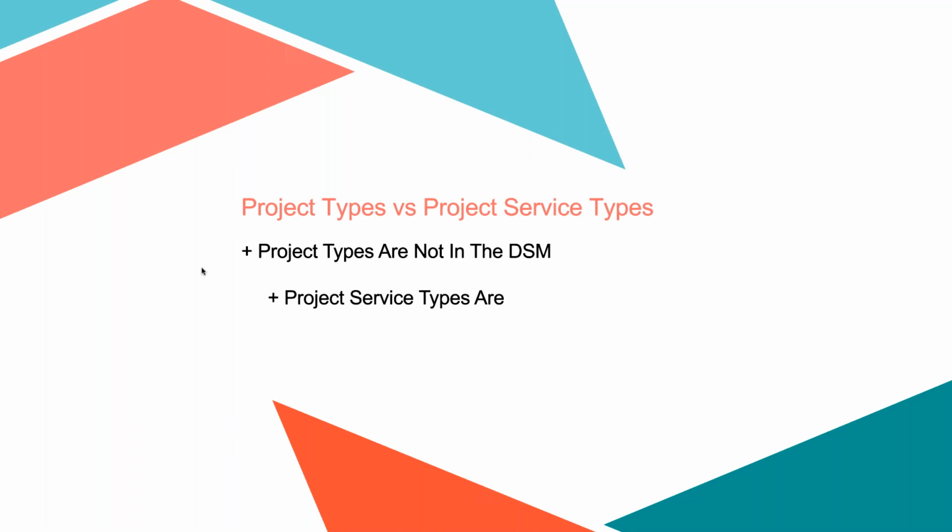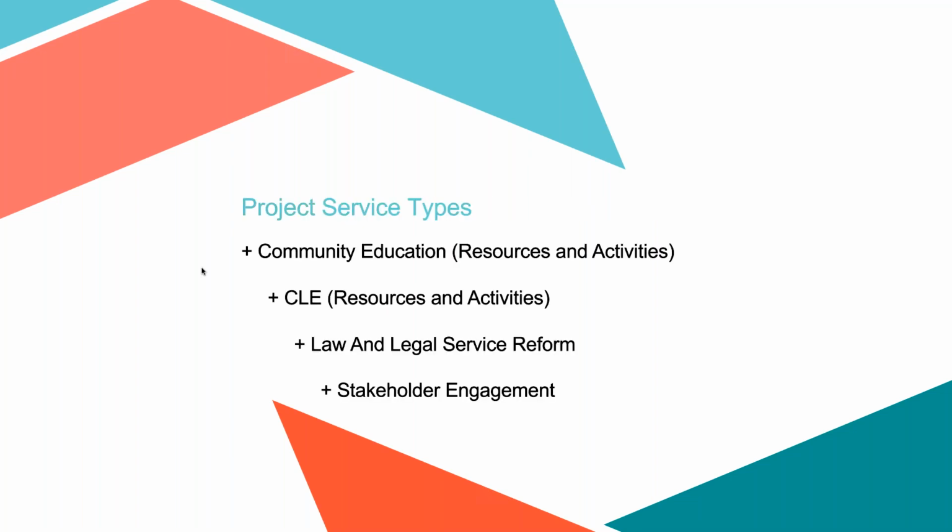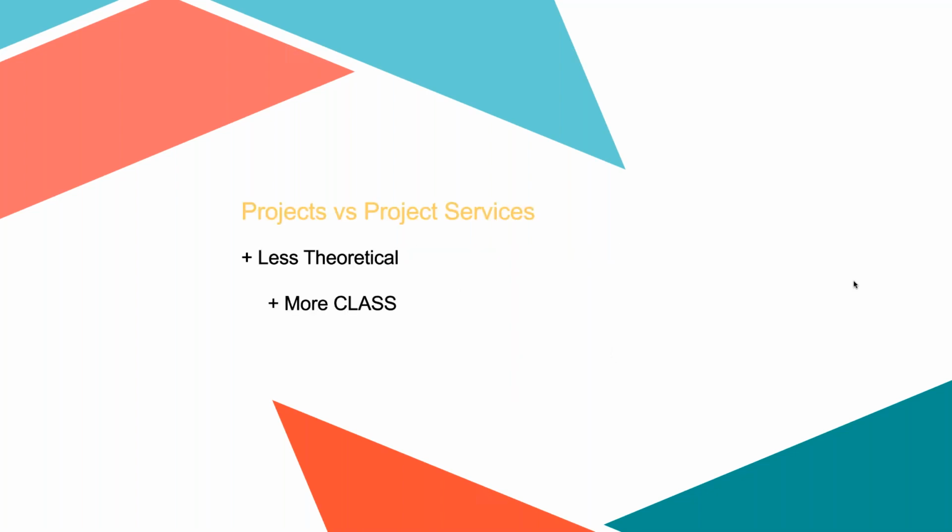Basically, the project types are not mandated by any level of government, so we can use those however we like, and we'll see that in just a minute. These are the project service types: CE, CLE, law and legal service reform, and stakeholder engagement. I'm going to come back to that again pretty quickly. Projects versus project services. That's probably about enough for the theory.